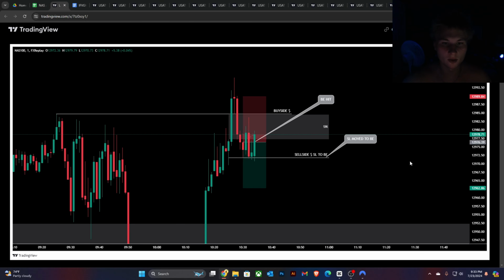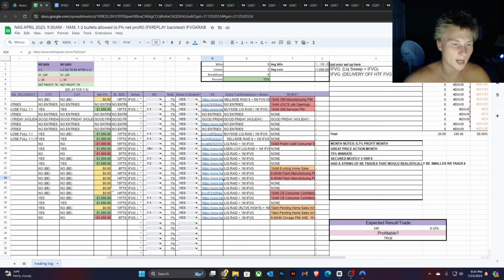What I noted there was some of these would have just been scalps, as you can see right here. I just moved stop loss to break even at the first sell side level, which was this one right here. But yeah, some of these just would have been scalps, like take profit right there. I didn't do that for this backtesting because it's really bad RR, but very high probability.